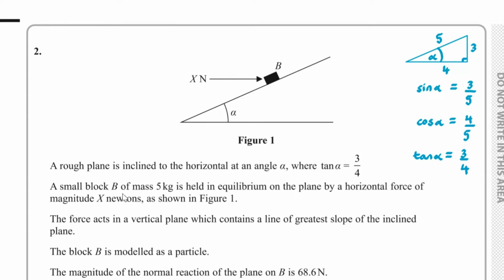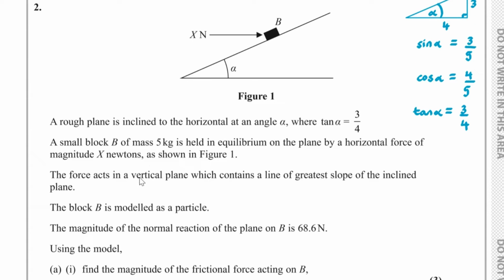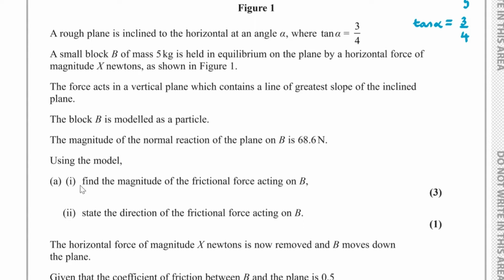A small block B of mass 5 kilograms is held in equilibrium on the plane by a horizontal force of magnitude x newtons, as we see in figure 1. The force acts in a vertical plane which contains a line of greatest slope of the inclined plane. The block B is modelled as a particle. The magnitude of the normal reaction of the plane on B is 68.6 newtons.